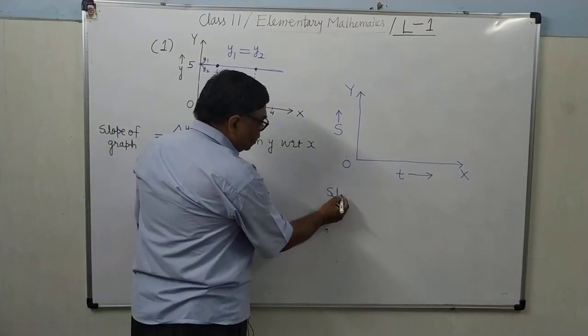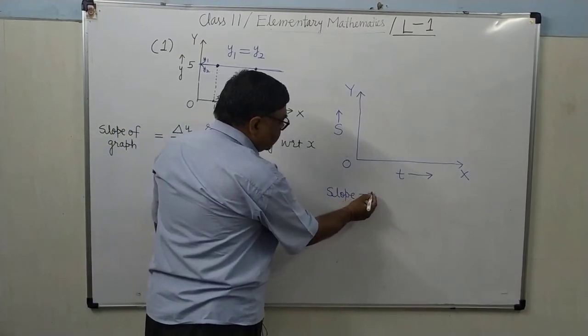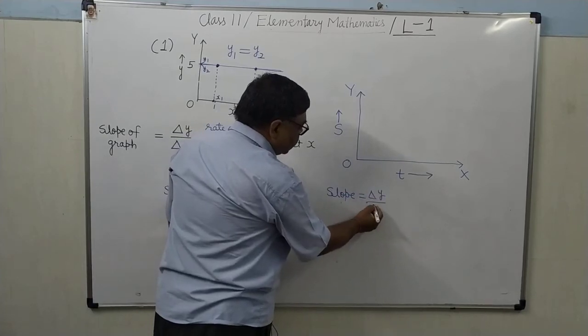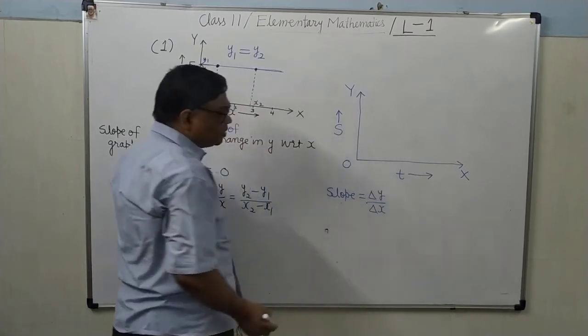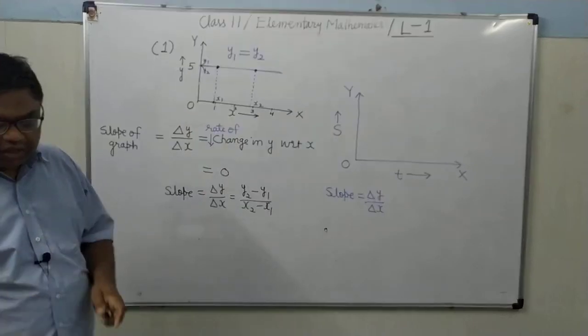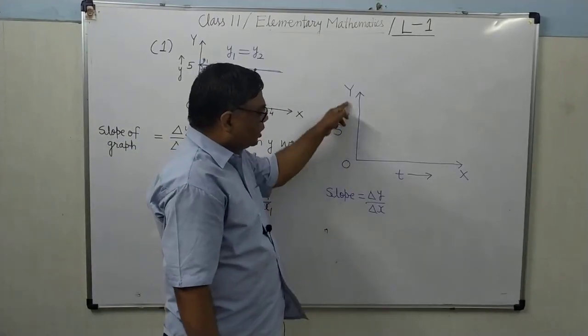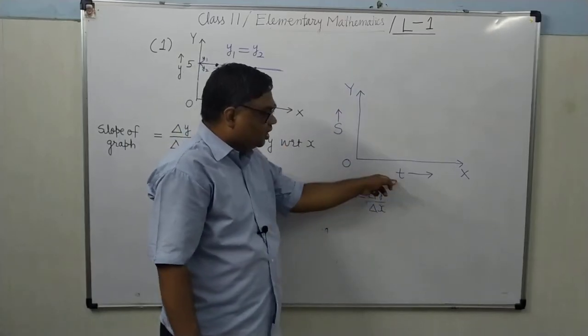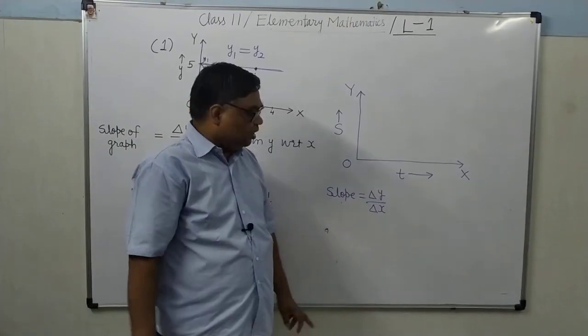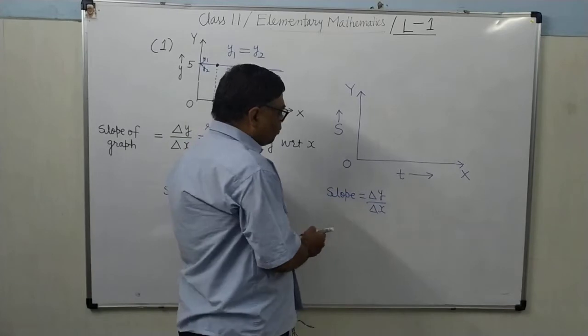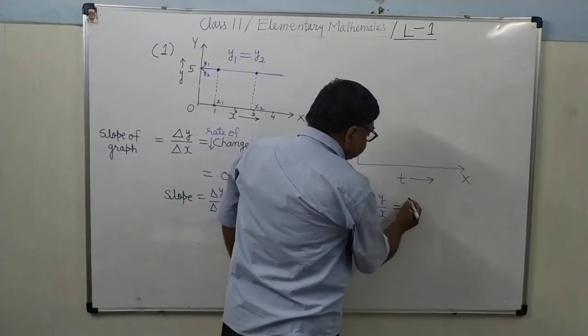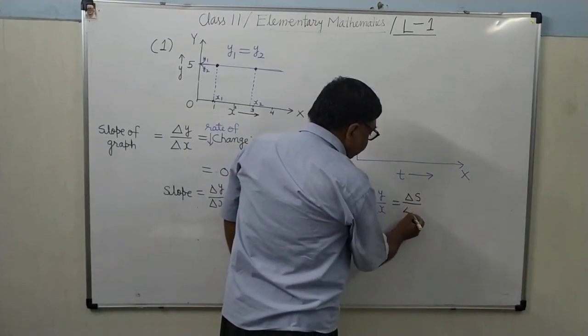Slope means delta y upon delta x. Now you translate this delta y upon delta x in terms of these symbols, because here you have taken displacement s, and here you have taken time t. So in place of y, what will you write? Delta s upon delta t.